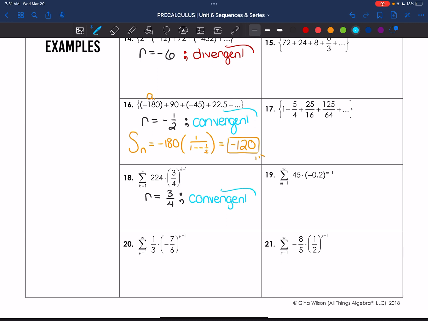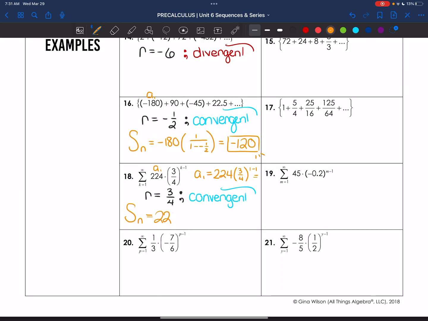So we need to go ahead and begin with finding our sum. It's going to be to take our a1, which this actually is our a1. You could also find it by plugging into the formula 1 in place of that k, and that is 224.